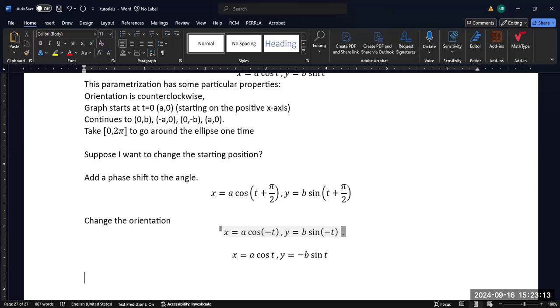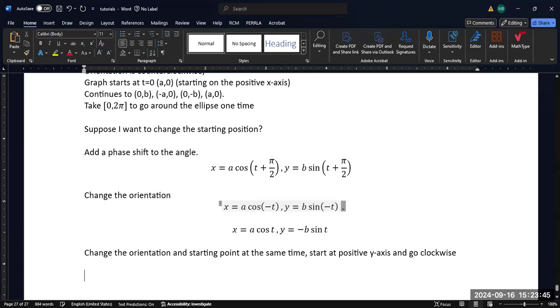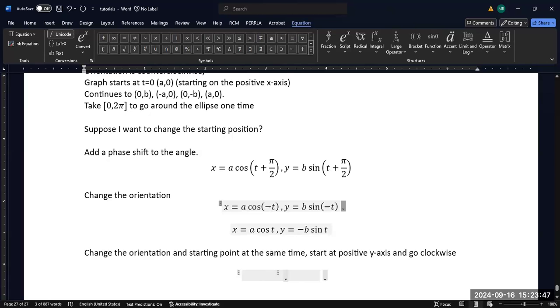Now, you can change both the orientation and the starting point at the same time. Say you want it to start at the positive y-axis and go clockwise. To do that, you simply switch your sine and your cosine.